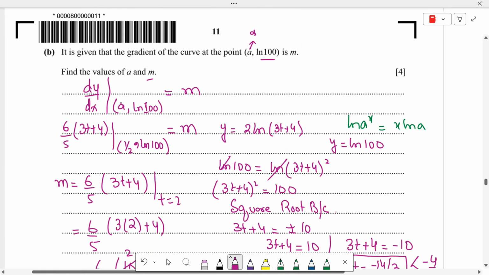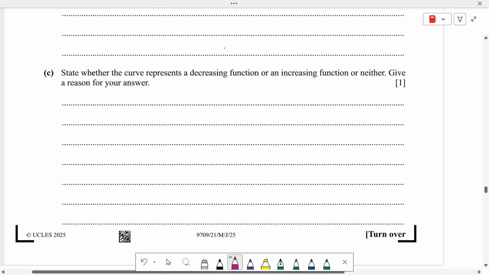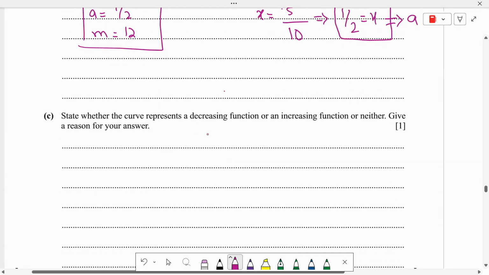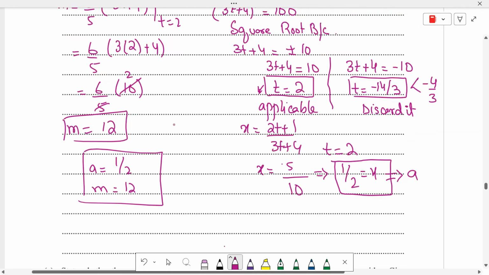Let's move to part C. State whether the curve represents a decreasing function or an increasing function or neither. Give a reason for your answer. Okay, to find the function's nature, whether it is decreasing or increasing, we need to find the slope of the function.